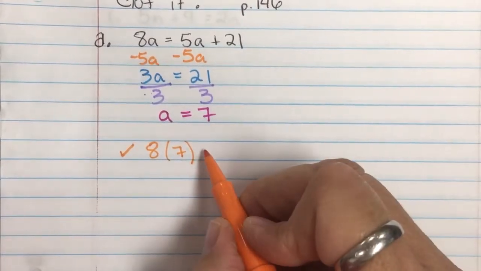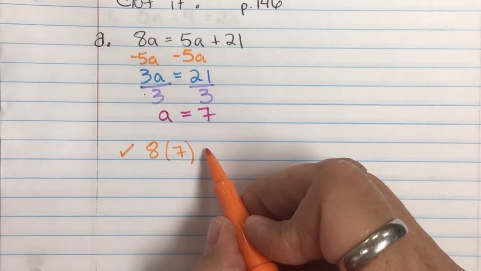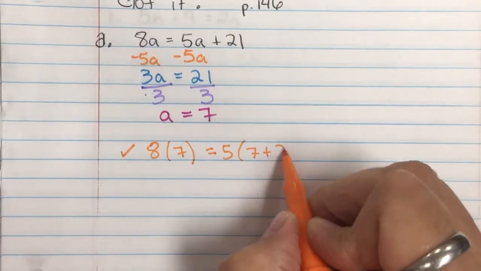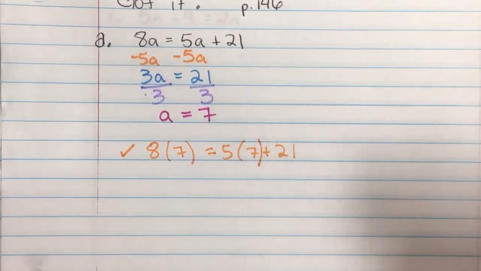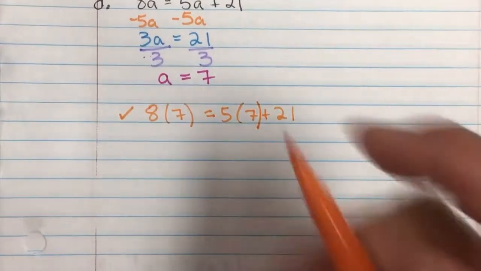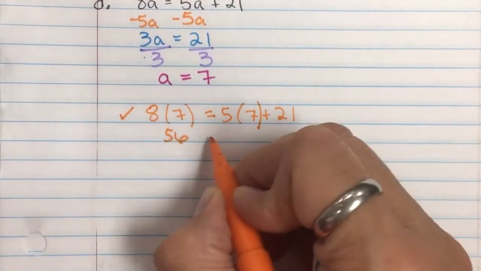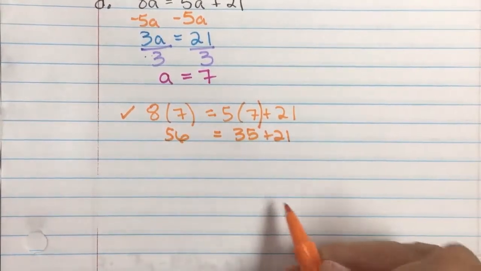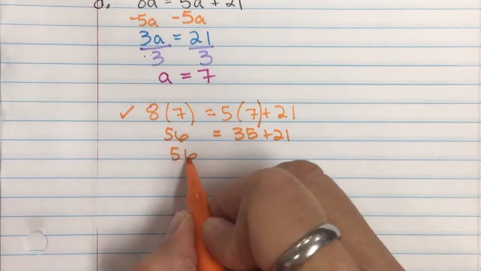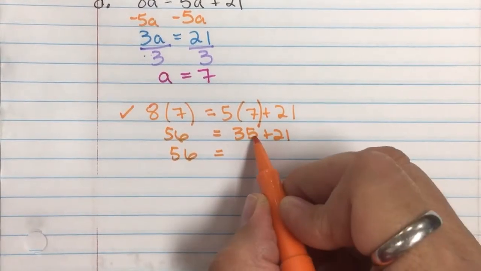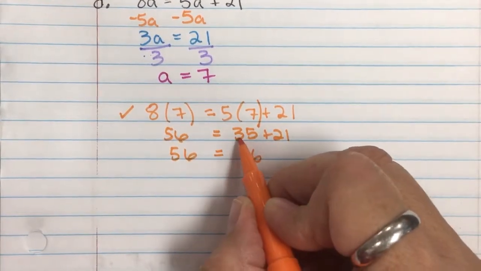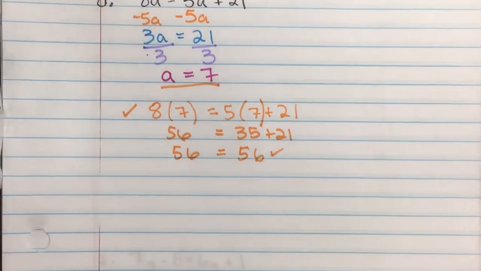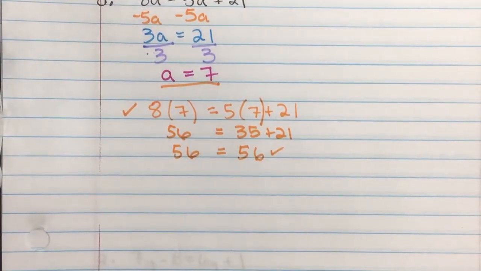So 8 times 7 equals 5 times 7 plus 21. I forgot the parentheses, must have that. 56 equals 35 plus 21. Do they equal each other? Well, 5 plus 1 is 6. 3 plus 2 is 5. I did get the correct answer, so my answer is a equals 7.